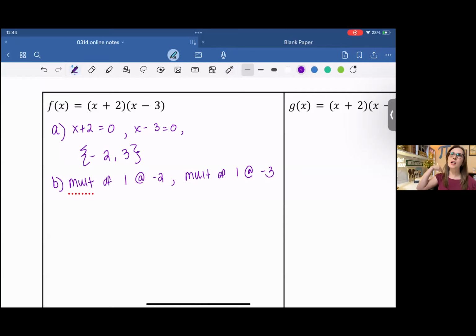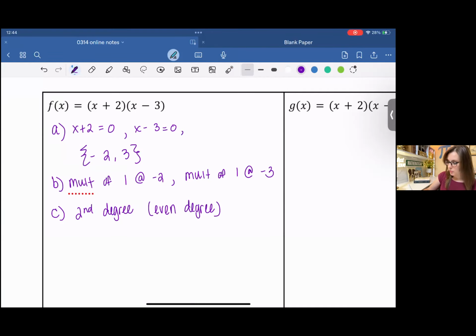Remember from the last video that those would mimic a linear function at those x-intercepts. And then that tells me the degree. This is a second degree polynomial, so even degree, because 2 is even.